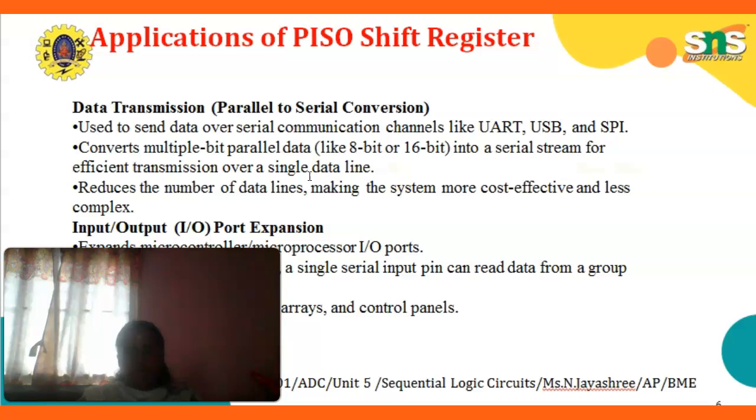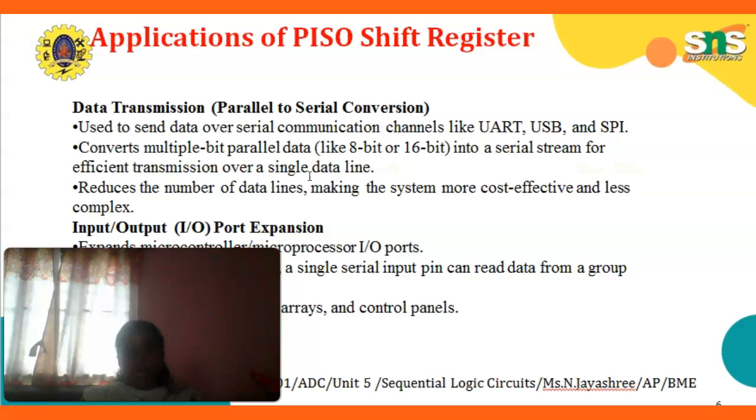That is, a large amount of parallel data is converted to serial data. It converts multiple-bit parallel data into a serial stream for efficient transmission over a single data line.